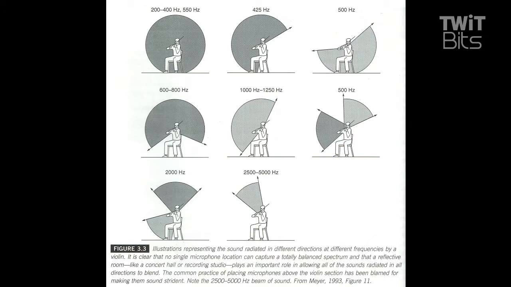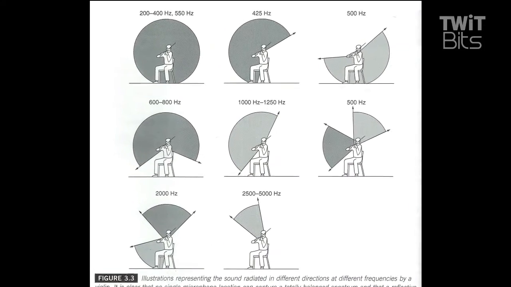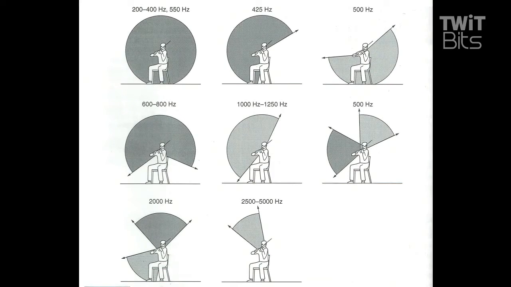This graphic shows that for a violinist, the low frequencies, 200 to 400 hertz, and it says 550, are omnidirectional. Yeah, the lower frequencies are long compared to the size of the instrument, so the instrument radiates those waves pretty much omnidirectionally. And that's true of a loudspeaker too.